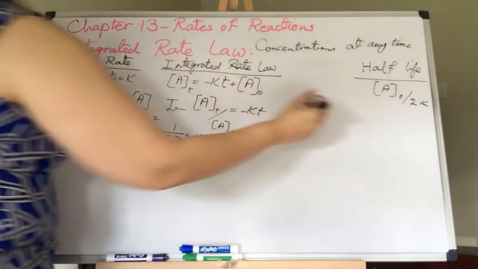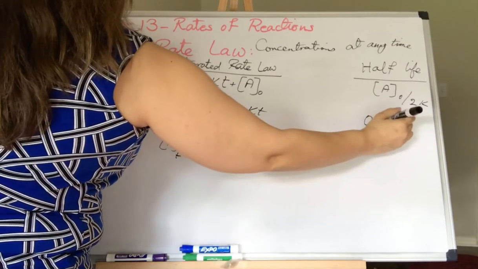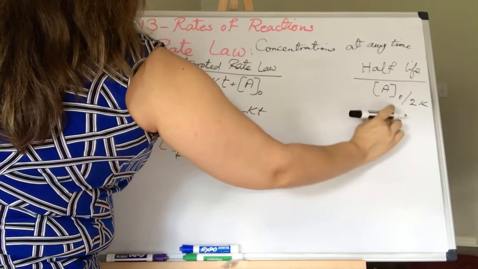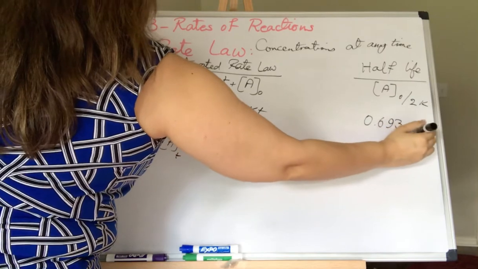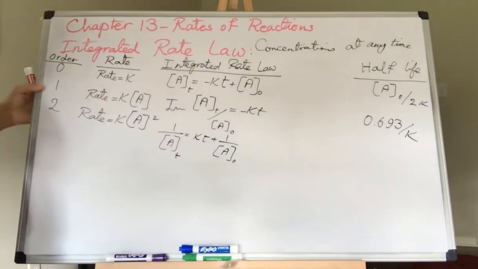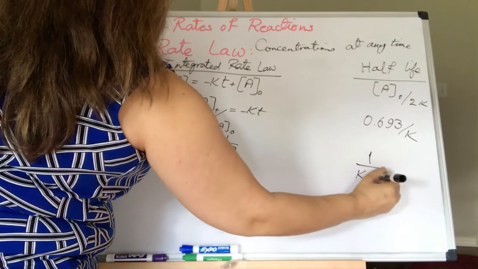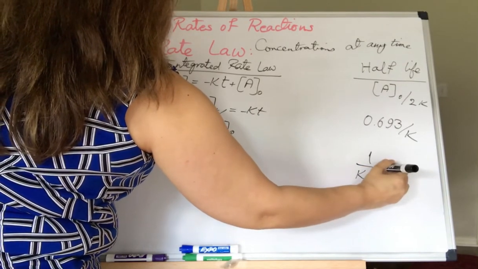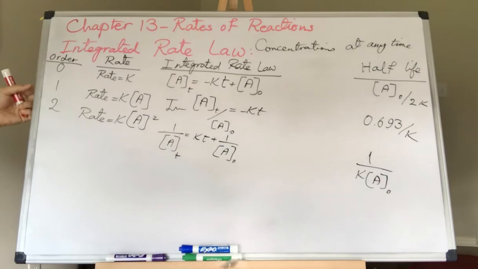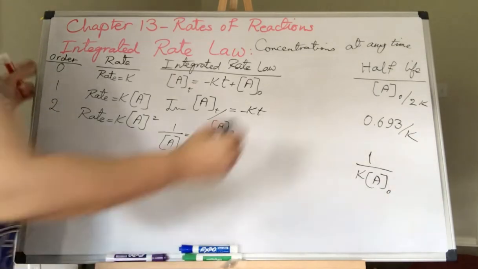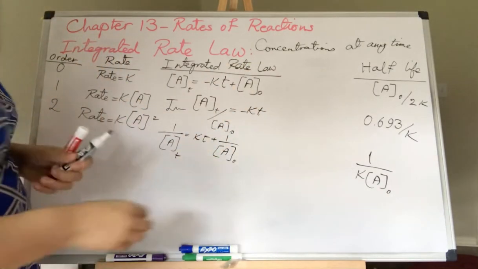For first order reaction is 0.693 over K, and for second order is 1 over K times initial concentration of A. We left this column.